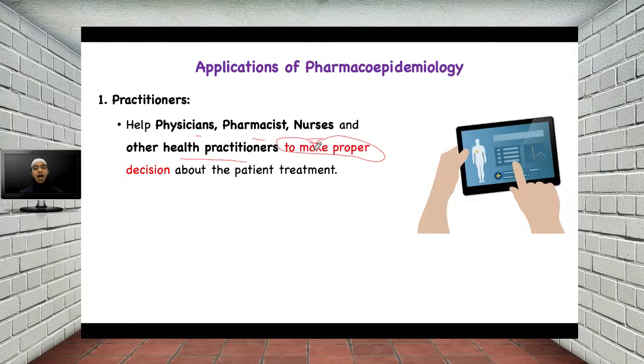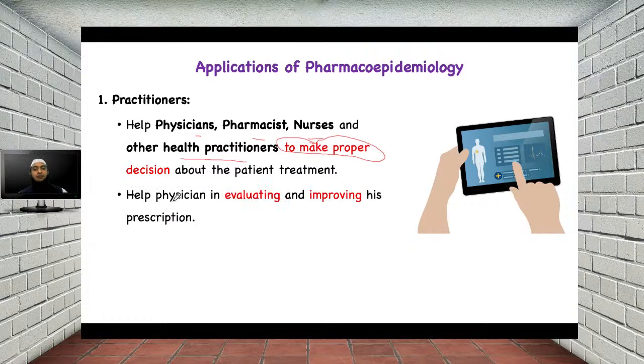If you have updated knowledge, as a physician, pharmacist or nurse, going through the results of all those trials, then when giving the medicine you will take the right decision that oral contraceptives can be given to sexually active women who are below the age of 40 and who are not smokers, right? This is how it helps physicians, pharmacists and nurses to take decisions.